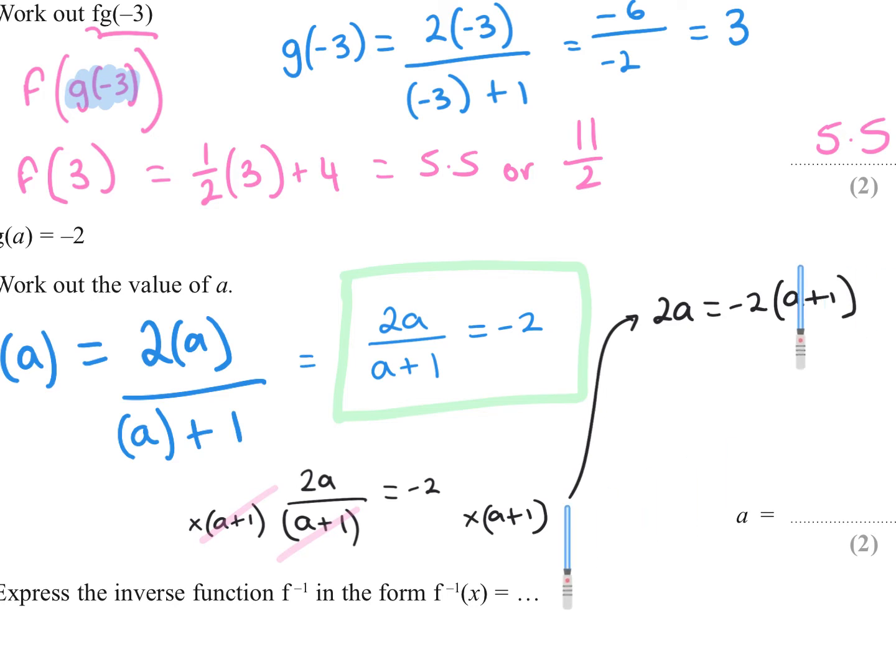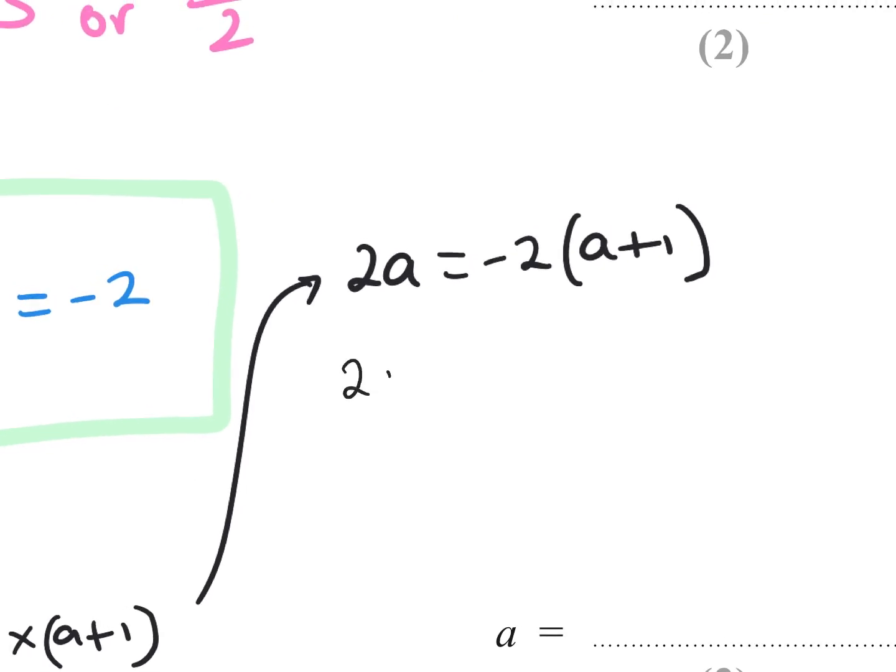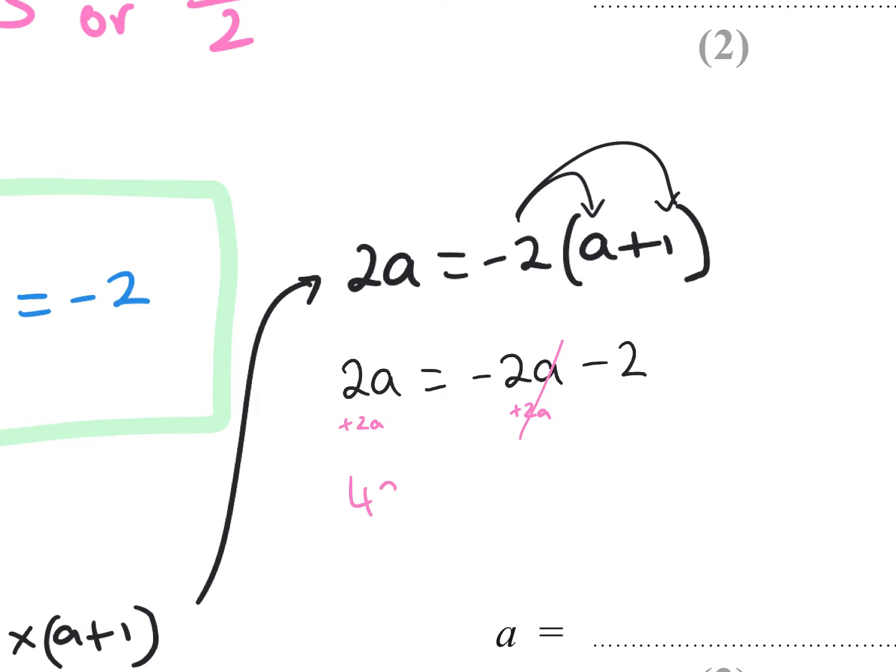Okay? So, what we're going to have now is 2a equals, I need to expand my brackets, negative 2 times a is negative 2a, negative 2 times 1 is negative 2. I'm now going to add 2a to both sides. Remember the reason being, again, these are going to cancel to get 0. I'm going to get 4a equals negative 2.